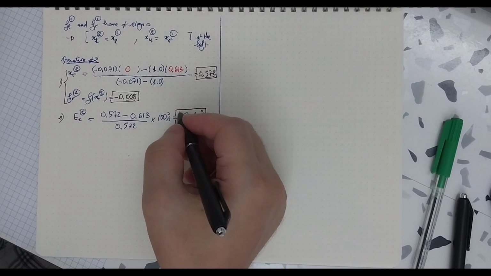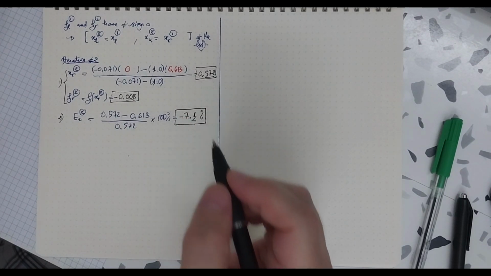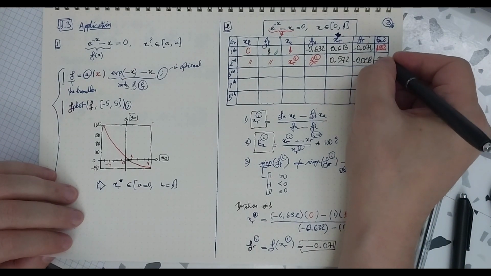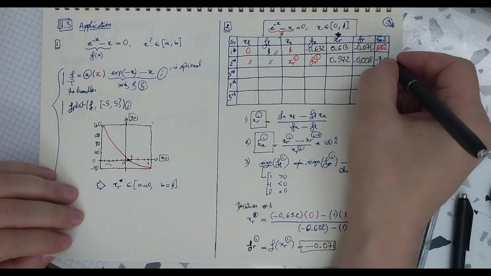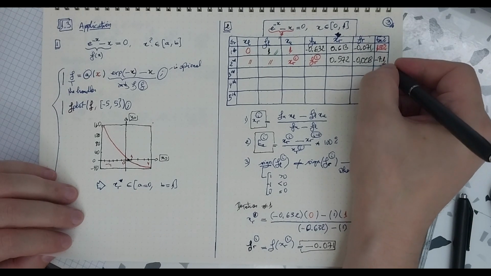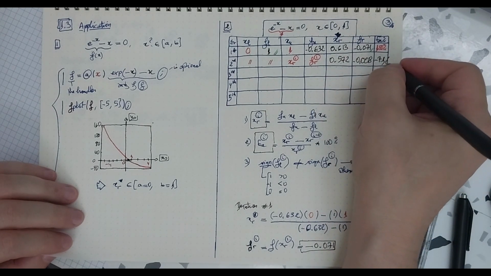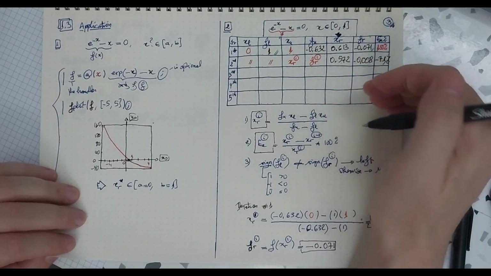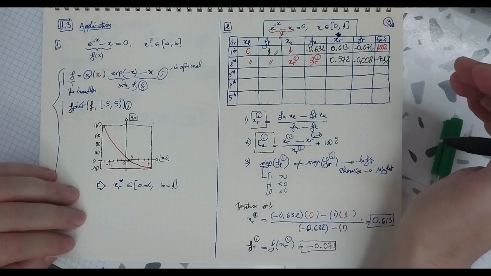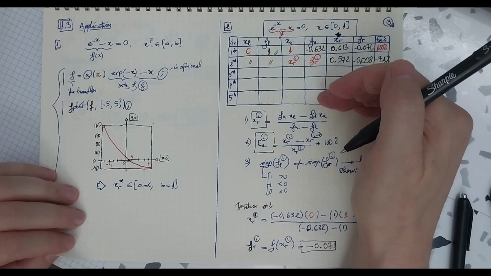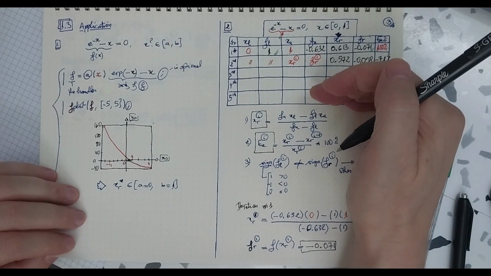So we just have minus 7.1%. The error is still big. And in exercises, in this example, once I reach 1%, I stop. Or when I reach 5 iterations, even if the error is big, I stop. I will not continue. So the break condition for me here is not to exceed 5 iterations.